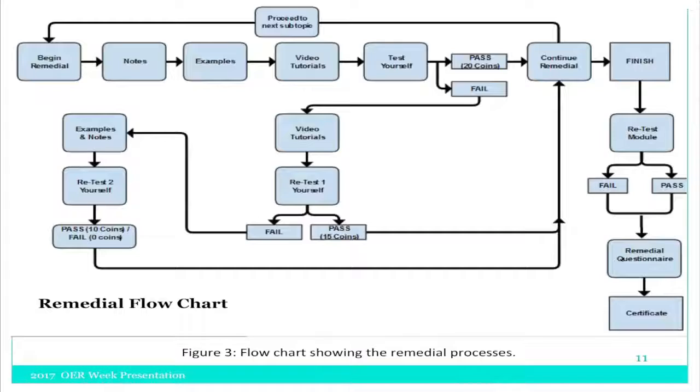If they pass this time, the number of coins they get will reduce to 15. Then they can continue to the next subtopic. If they fail, they will be directed to go through more notes and examples, and they take another test. If they pass, now the coin is reduced to 10. If they fail, they don't get any coin, but they are allowed to go through, just in case that's a very difficult topic for them.